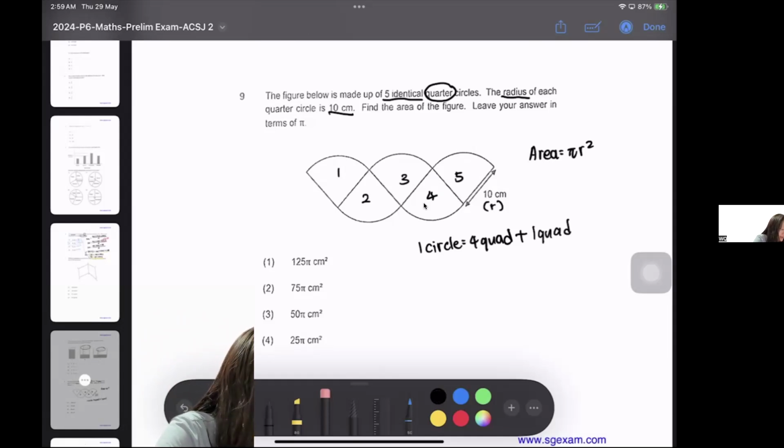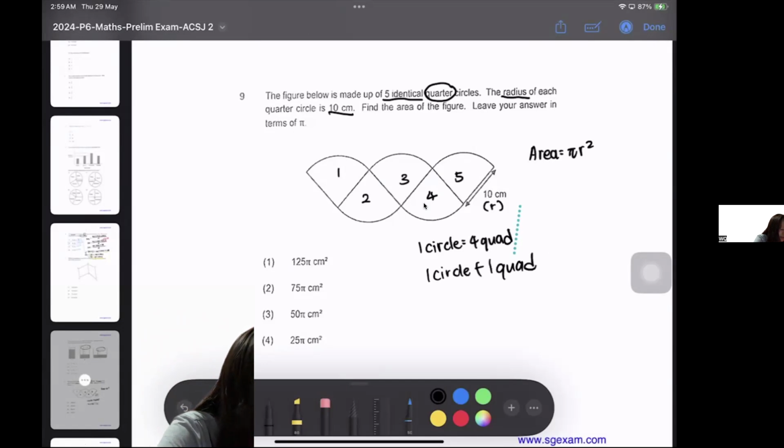One circle equals 4 quadrants, but you have 5 quadrants here, so you need to find 4 quadrants, which is 1 circle, plus 1 quadrant.